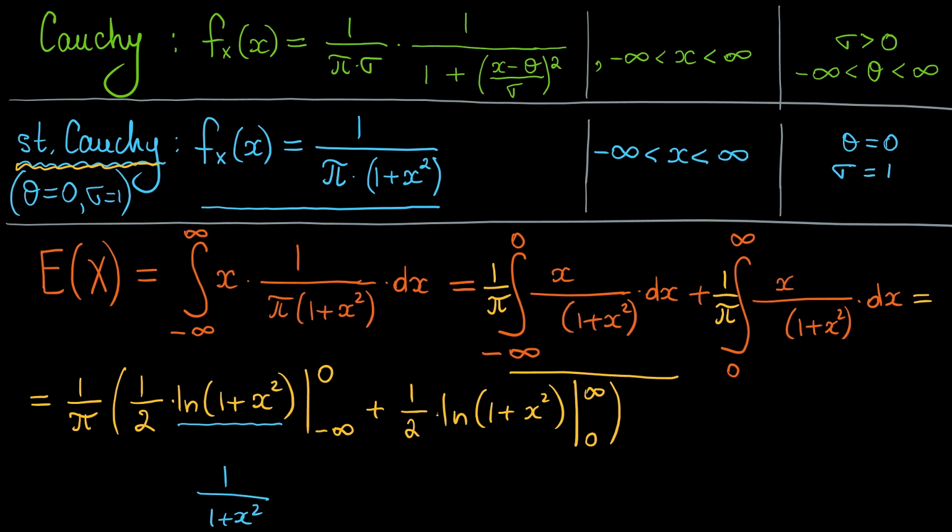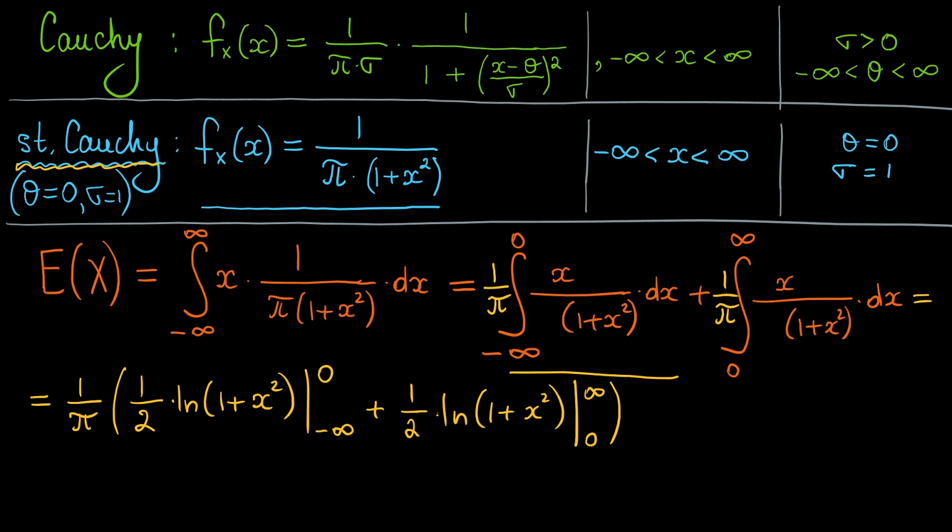But then by the chain rule, we still need to take the derivative of 1 plus x squared, and that will give us 2x, right? And then when we multiply that by 1/2, the 2's will cancel, and we end up with just x over 1 plus x squared. Okay, so that looks right.